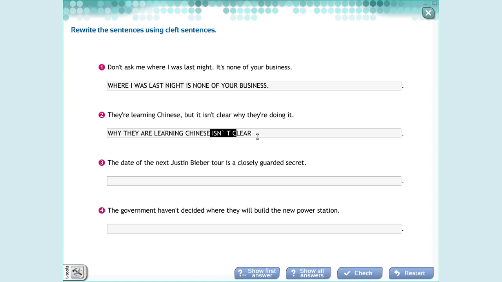So I use my question word, the idea of my sentence, verb to be, and the complement, the comment of my sentence. The date of the next Justin Bieber tour is a closely guarded secret. So what can you use here? O que está guardado é a data do show. So how can I write this?